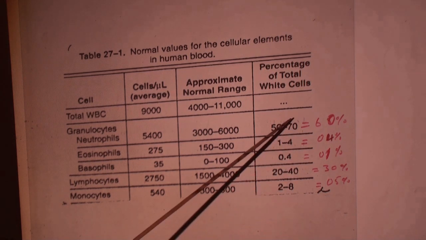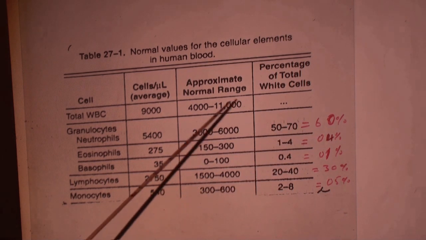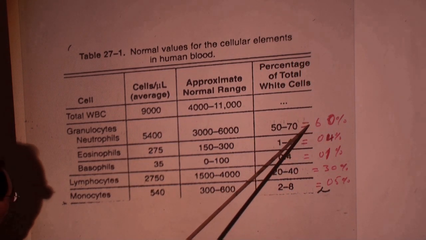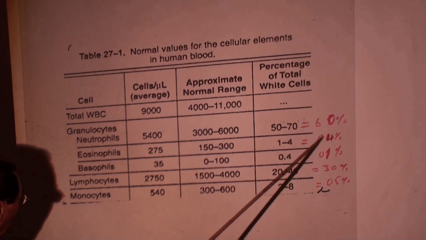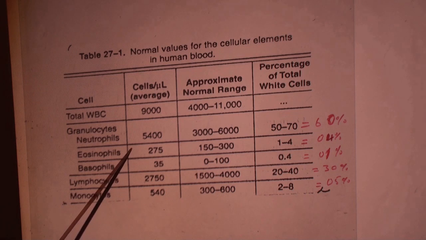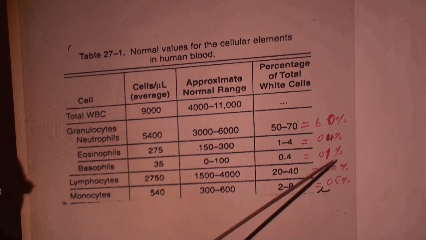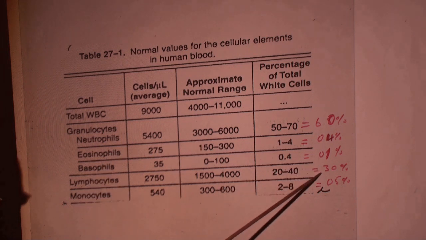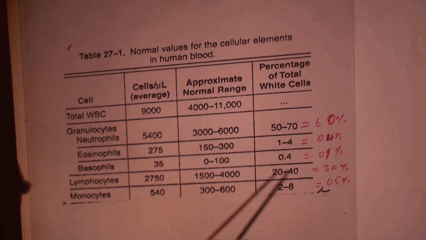In the white blood cells, 60% neutrophils, usually about 4% eosinophils, about 1% basophils, 30% lymphocytes, and 5% monocytes. And then this is the differential.